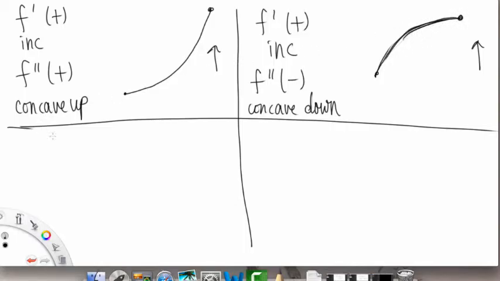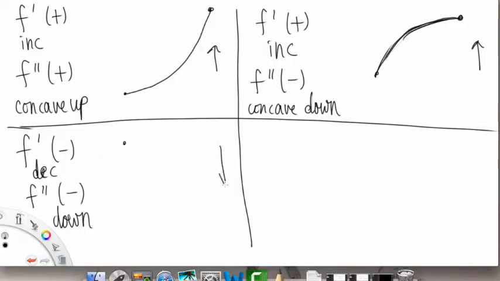Now when our first derivative becomes negative, our function is decreasing, becoming lesser and lesser. If our second derivative is also negative, we're concave down, so the function values become smaller and smaller, facing down like a frown.